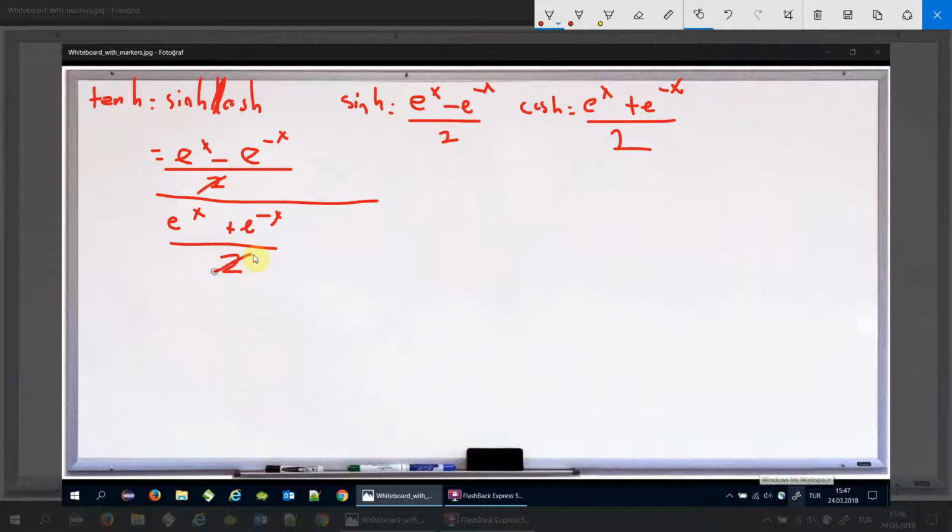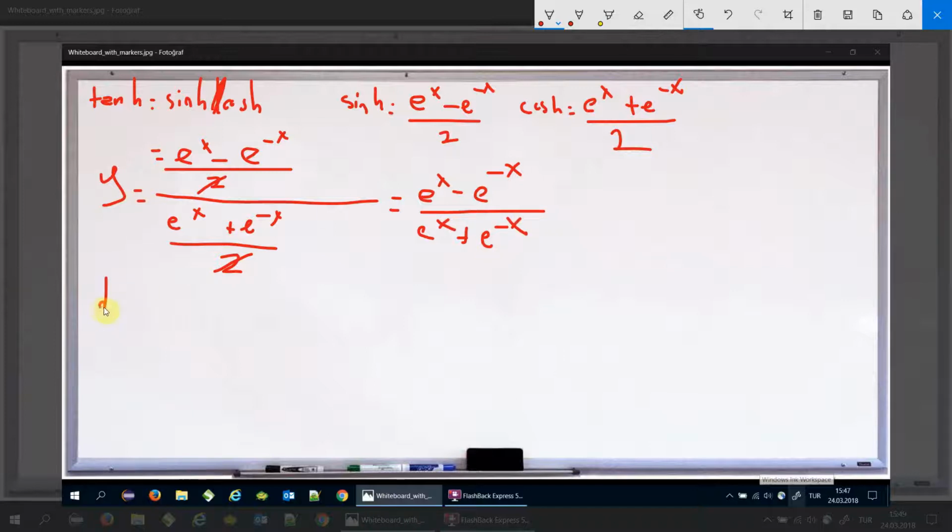We can remove the over 2 values and the Tanh function is equal to e to the power of x minus e to the power of minus x over e to the power of x plus e to the power of minus x.